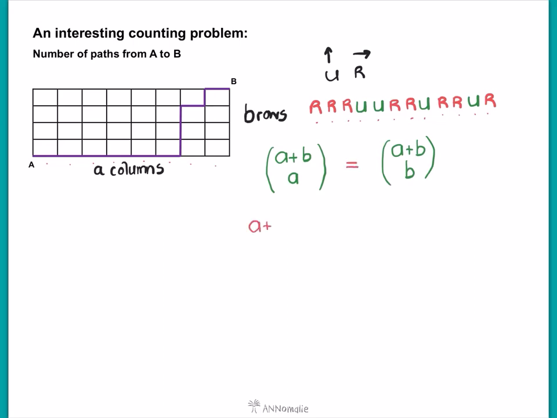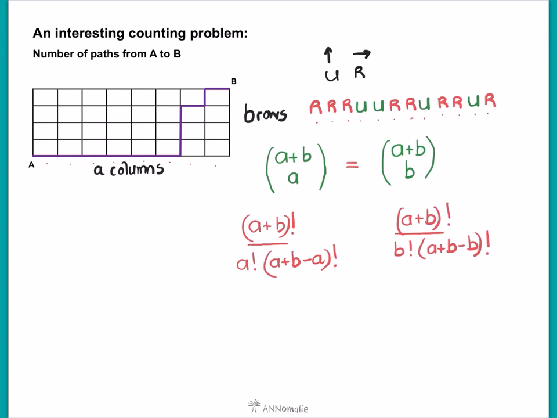At the top we'll get A plus B factorial, and at the bottom here we'll have A factorial and A plus B minus A factorial, and exactly the same thing this side: A plus B factorial over B factorial, and then A plus B minus B factorial. And that, as you can see, is the exact same thing.